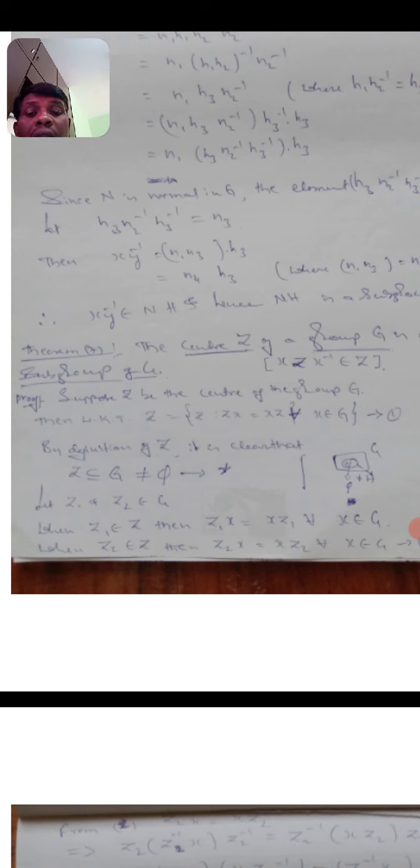Let z1 and z2 belong to Z. When z1 belongs to Z, then z1 x is equal to x z1 for all x belonging to G. When z2 belongs to Z, then here also z2 x is equal to x z2 for all x belonging to G. Write it as equation number 2.